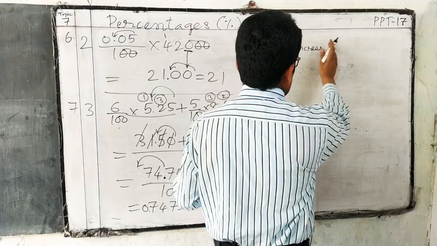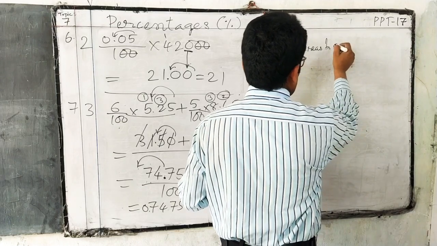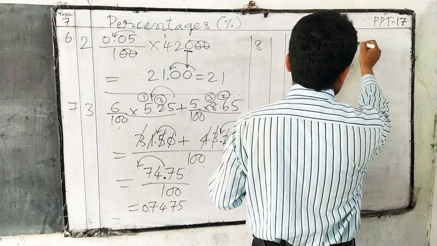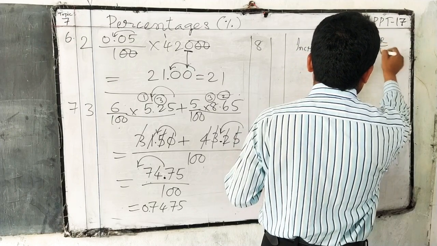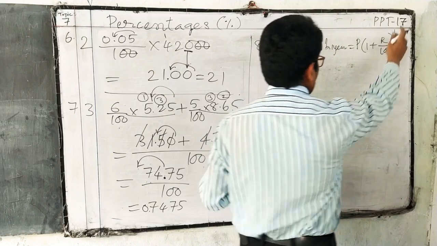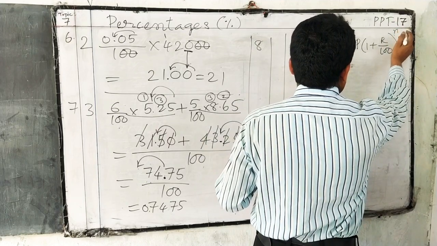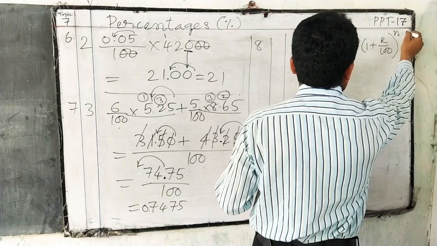The increase in population in 1 year is equal to P of 1 plus R by 100, whole to the power of n. This is the formula.